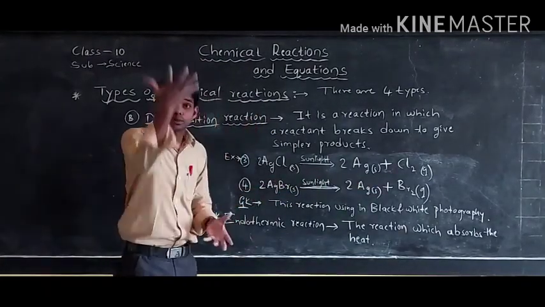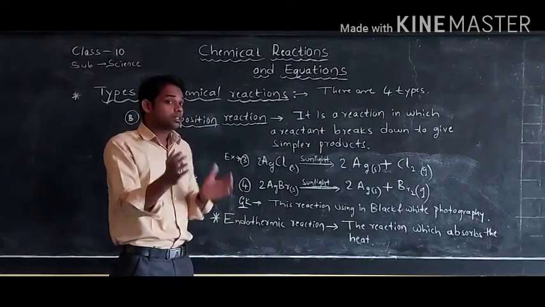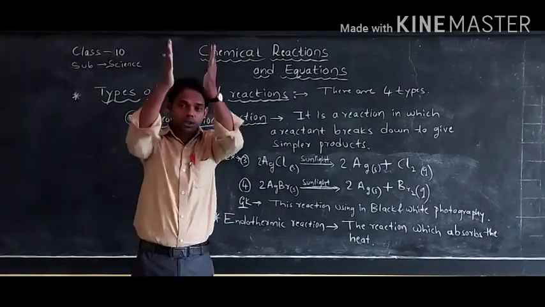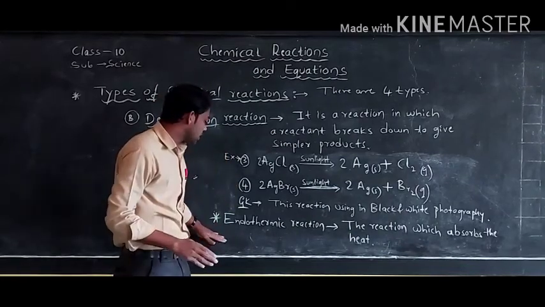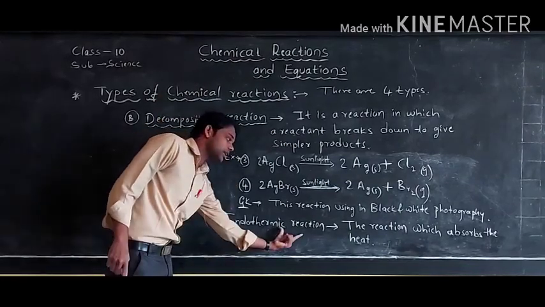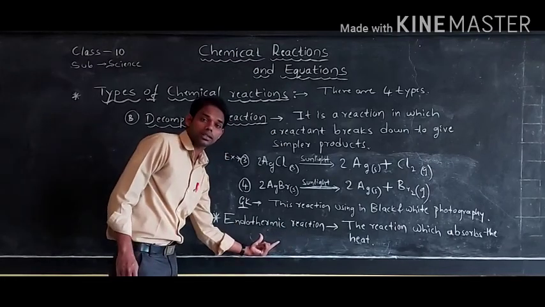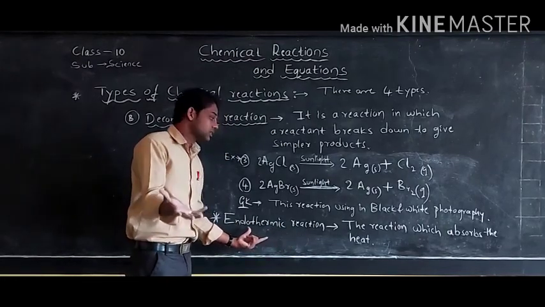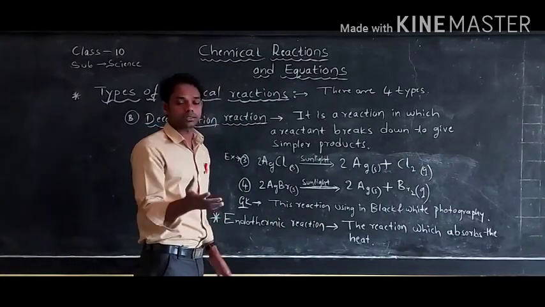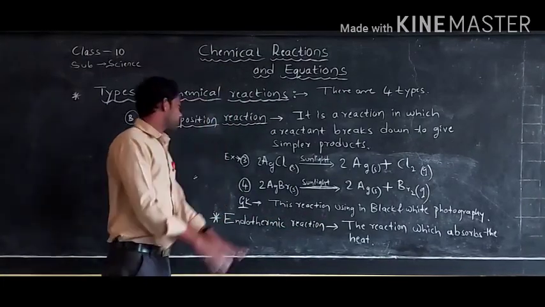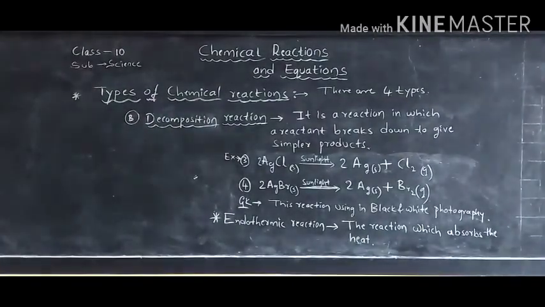Both reactions absorb heat from the sun. The reactions which absorb heat during the reaction are called endothermic reactions. What are endothermic reactions? An endothermic reaction is a reaction in which heat is absorbed. Understood? Okay. Next session we will study in the next class, students.